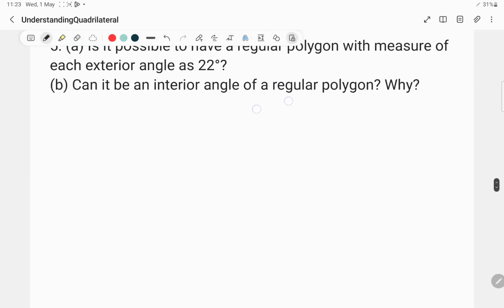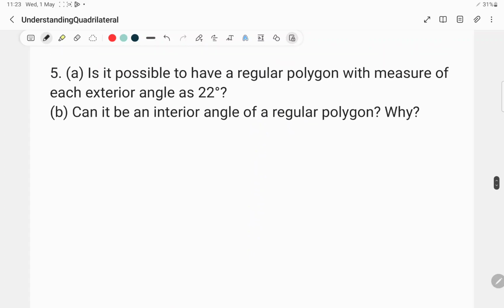Now moving on to the next question, that is question number 5. So question number 5 says, is it possible to have a regular polygon with a measure of each exterior angle 22 degrees? Means, if the exterior angle is 22 degrees, can we have the polygon?